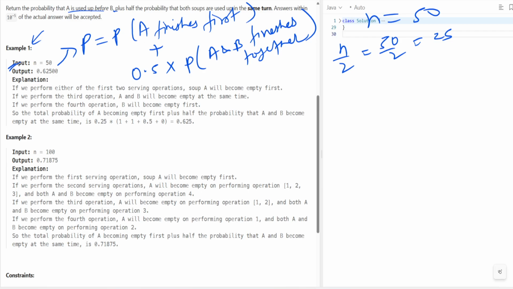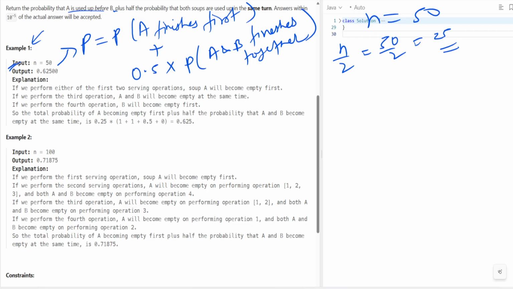But there is one concept that is also there, a different concept with the probability that we will understand later if we are not able to solve this one. N by 2, 50 by 2, we get 25, simple, right?